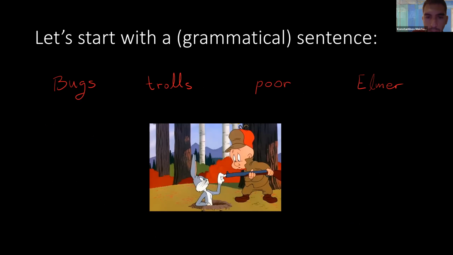However, there are proposals in this framework that attempt to deal with ambiguity, for example, by the use of density matrices in quantum theory, which basically are probability distributions over pure quantum states. But for anyone who understood what I said, that's fine. For anyone who didn't, that's also fine. This is not the point of this talk. So let's take "bugs trolls poor Elmer".